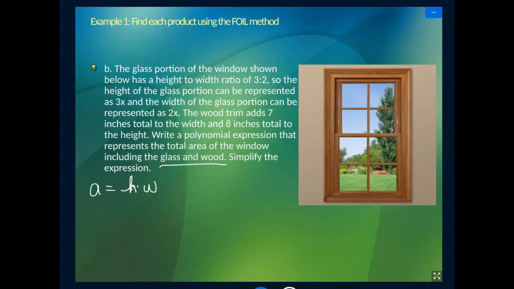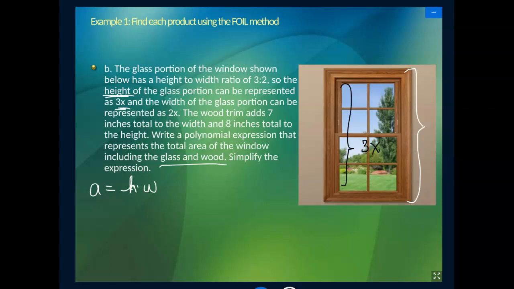So now we got to figure out, okay, what's the height of that window? Well, 3x represents the height of the glass. So that inside right here is 3x.